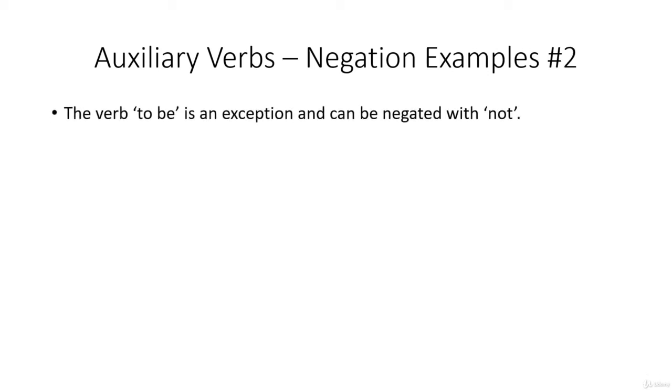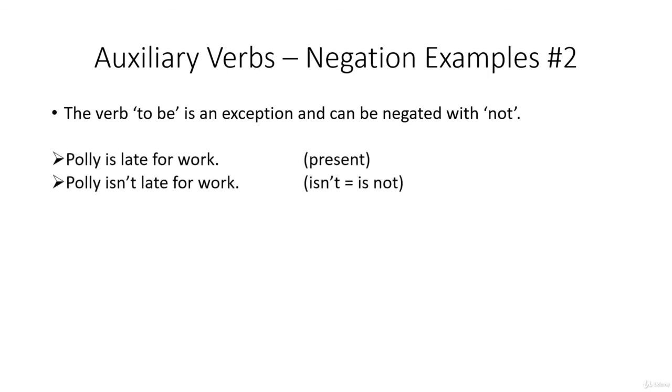As we've seen in other places, the verb to be is an exception, and we can simply negate it with a not. So Polly is late for work. Polly isn't late for work, where isn't is the concatenation of is and not. That's the present tense. Look at the past tense.